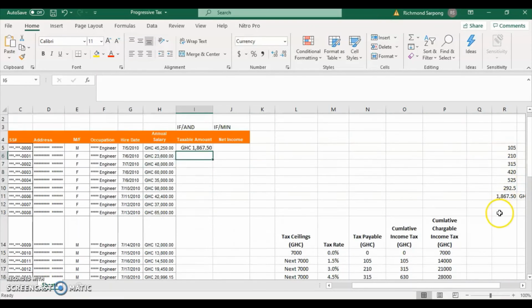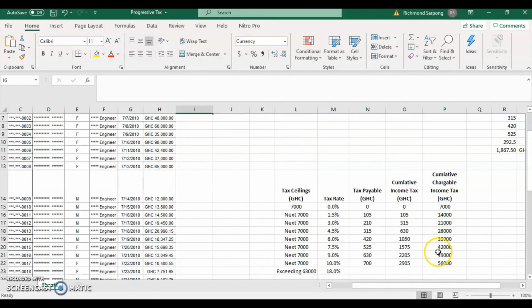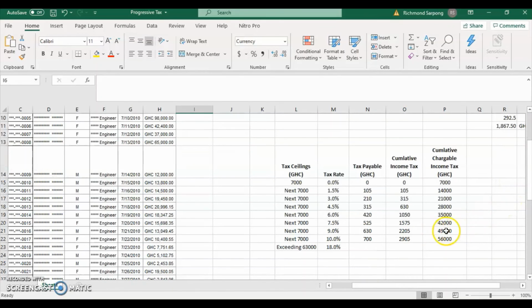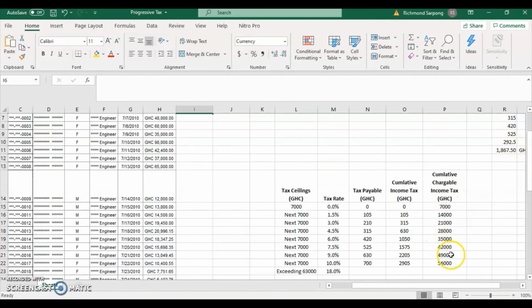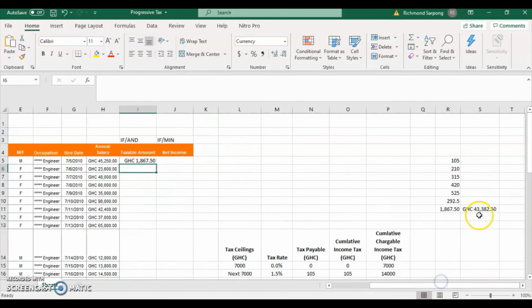This is a computation I did on my own to tell the range of this person, which is somewhere here. See that the person will pay little above this, and when you add everything, you would get this amount as the final threshold.